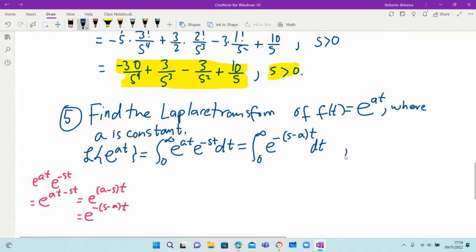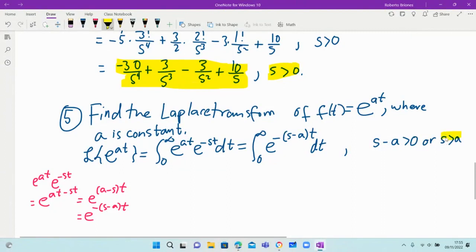Now, we are writing it this way because what we want to have is for this integral to converge. And this integral will only converge or will have a finite value if we ensure that s minus a is greater than 0 or s is greater than a.